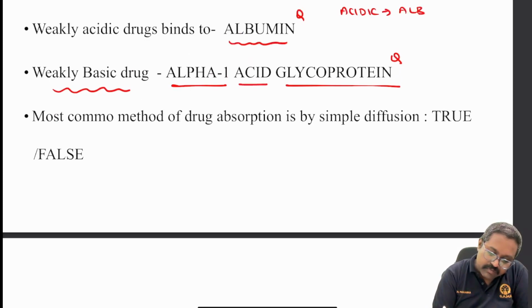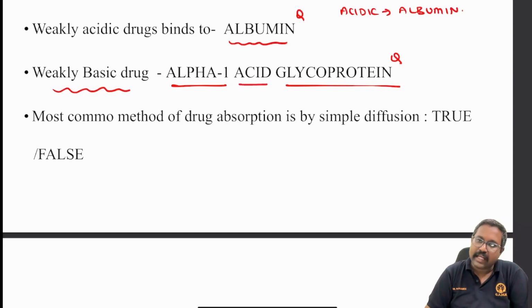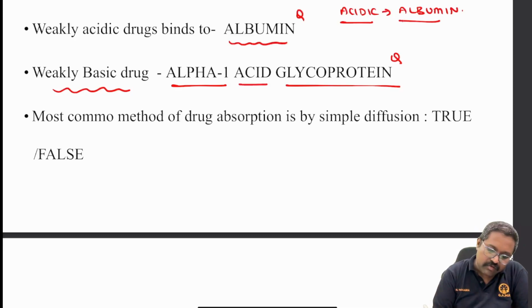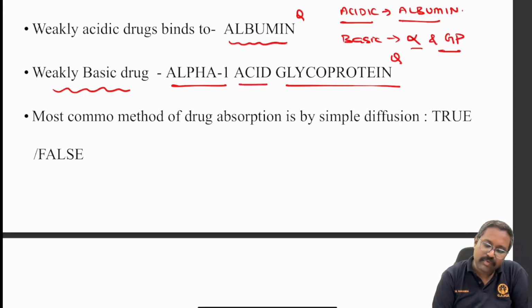Acidic and albumin. For the basic you have alpha, or you can remember it as basic GP. A weakly basic drug will bind to alpha 1 acid glycoprotein, whereas an acidic drug will bind to albumin.